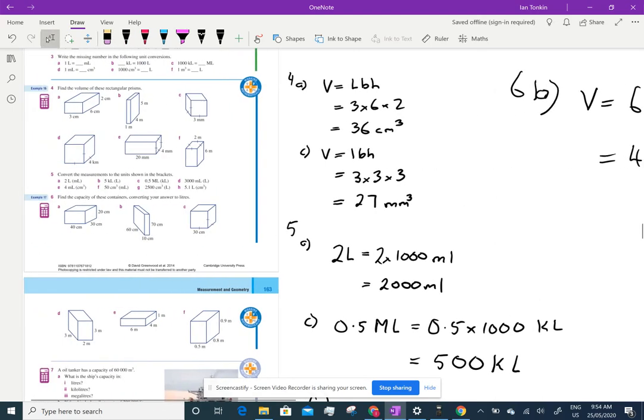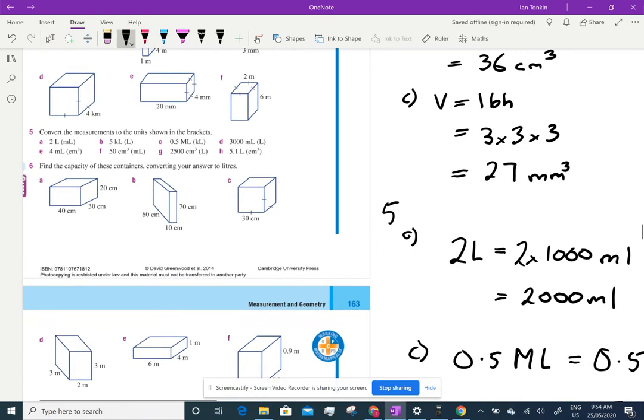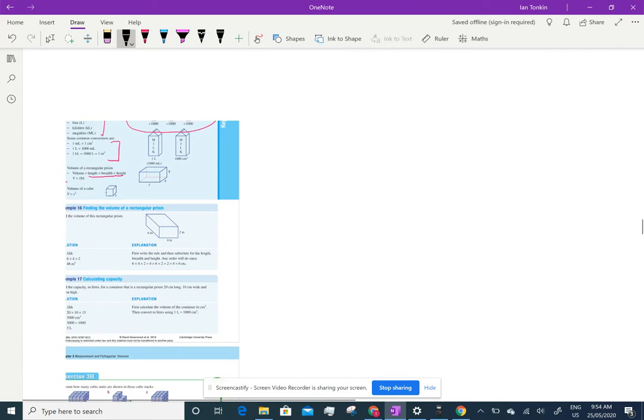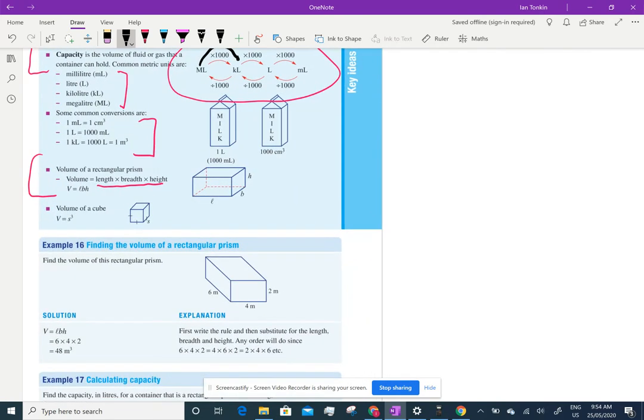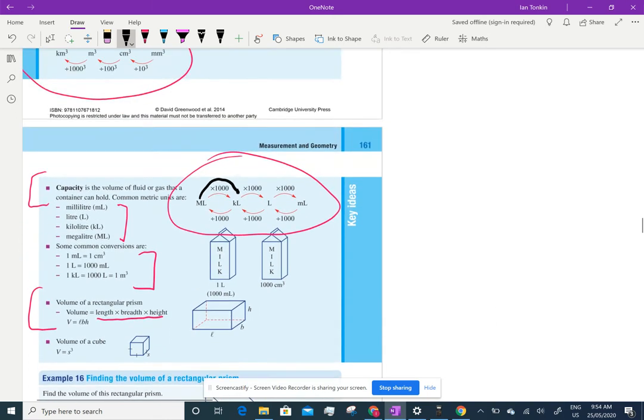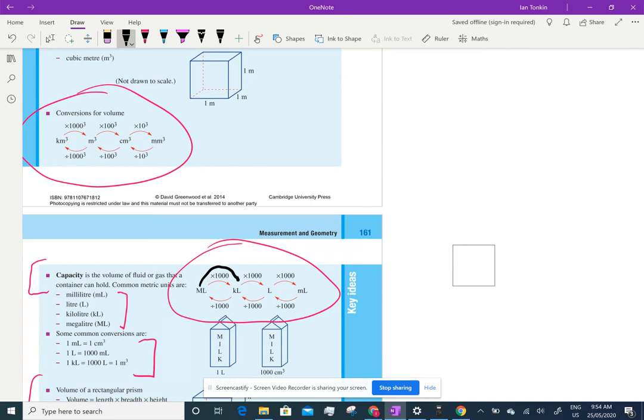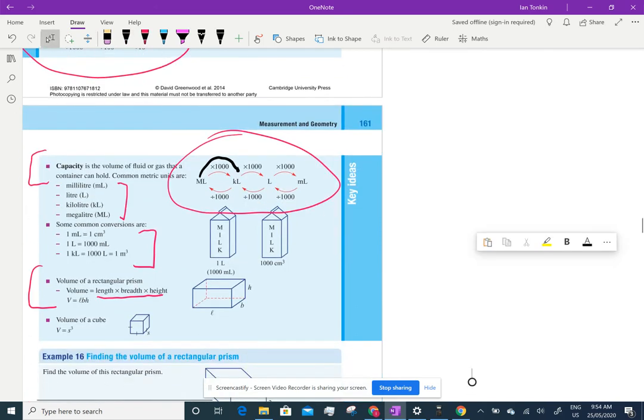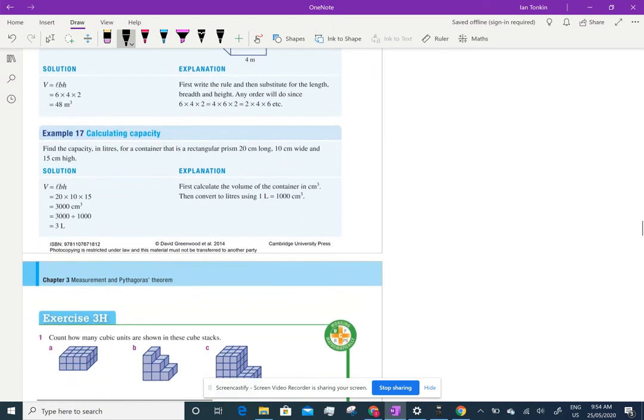But they want the capacity in litres. Well, I know that 1 centimetre cubed equals 1 mil and 1 litre equals 1,000 mils. So if I can get it in mils to go to litres, I just divide by 1,000.